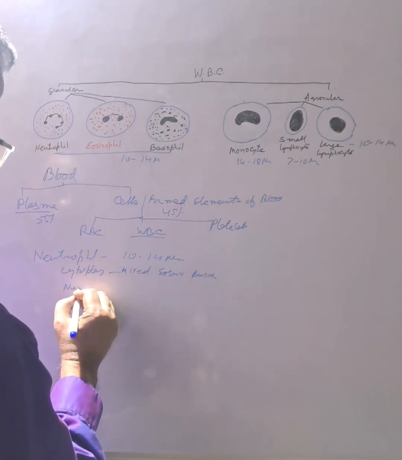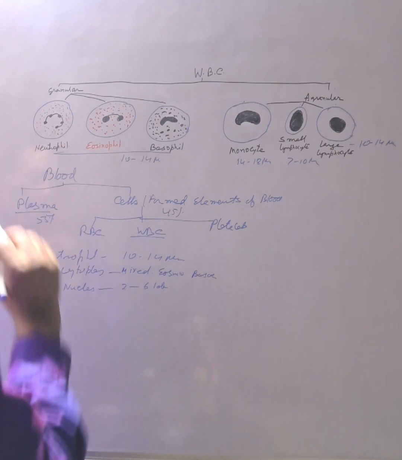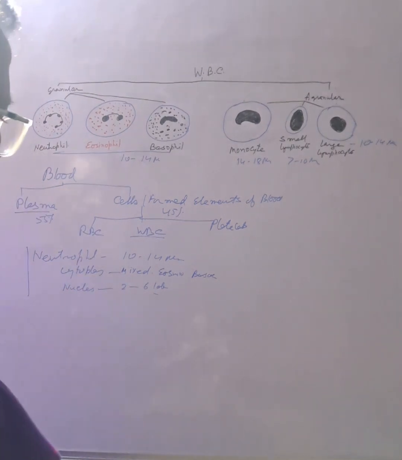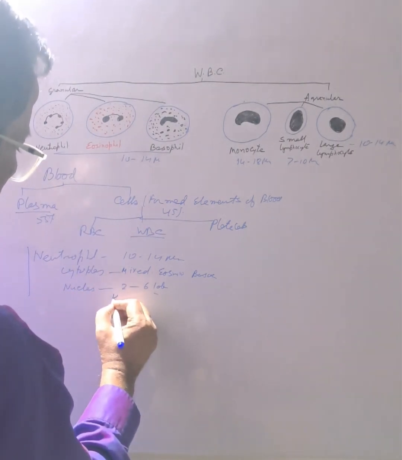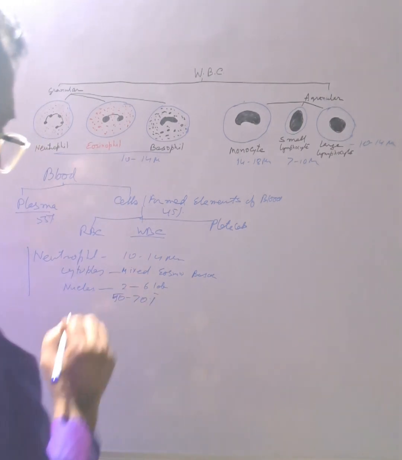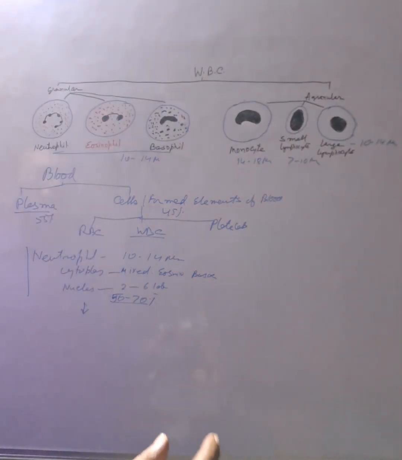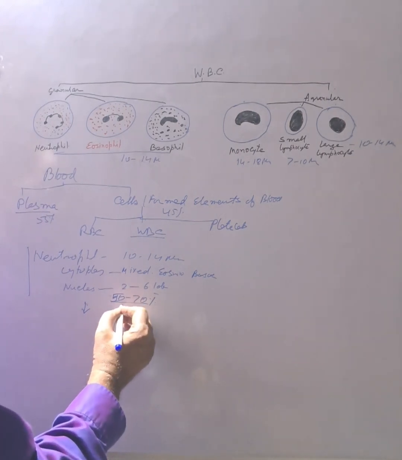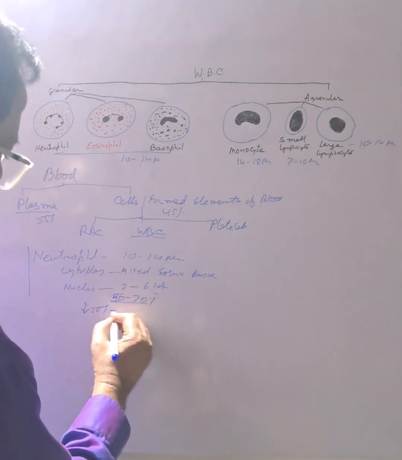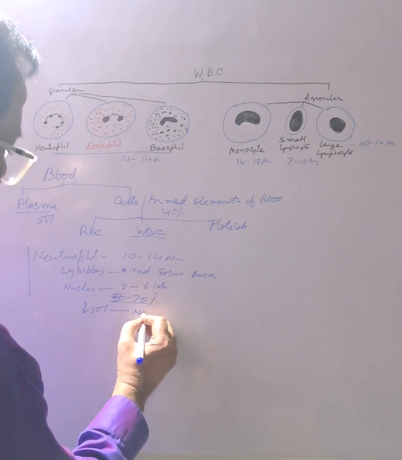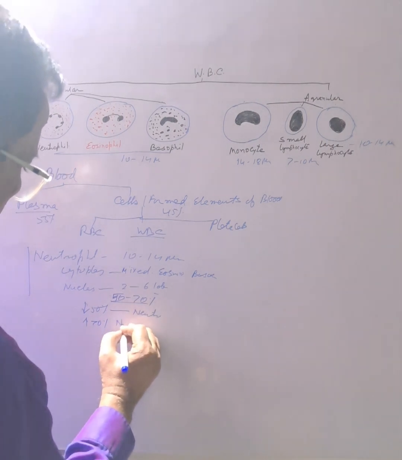The nucleus is multi-lobed, 2 to 6 lobes. The percentage is 50 to 70%, meaning when we count 100 WBC cells, we get 50 to 70% neutrophils, which is normal. When it is less than 50%, it is known as neutropenia, and when it is more than 70%, it is known as neutrophilia.